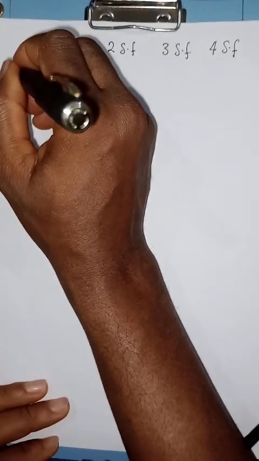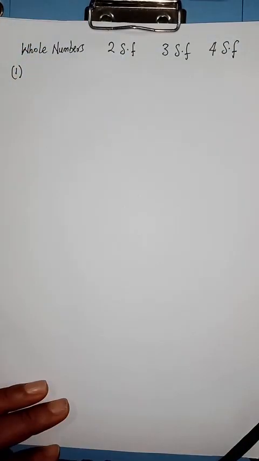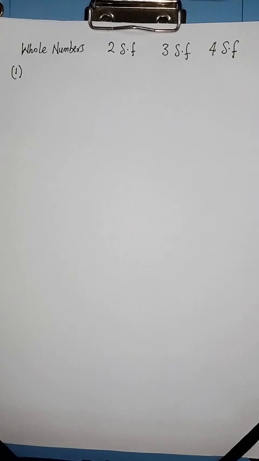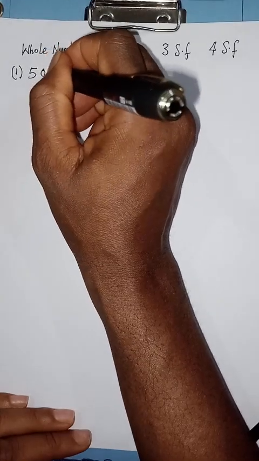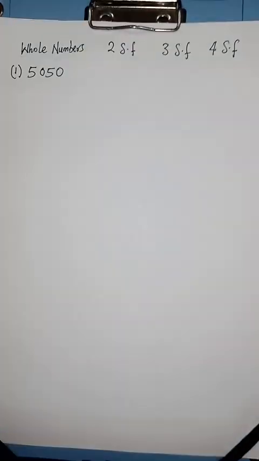So number one, if I have 5,050, under the American system is 5,050. Now, to two significant figures, what will be my answer?